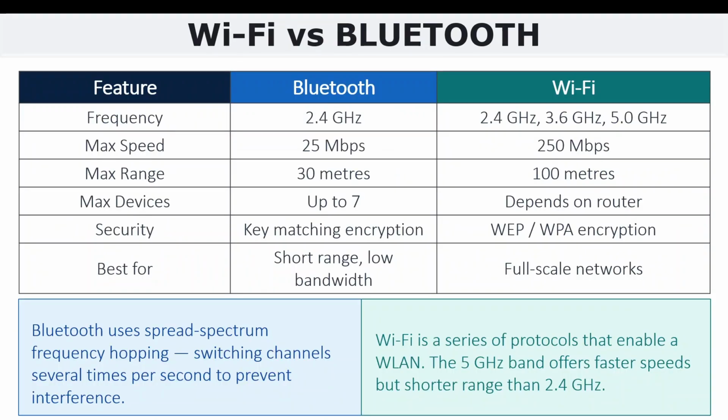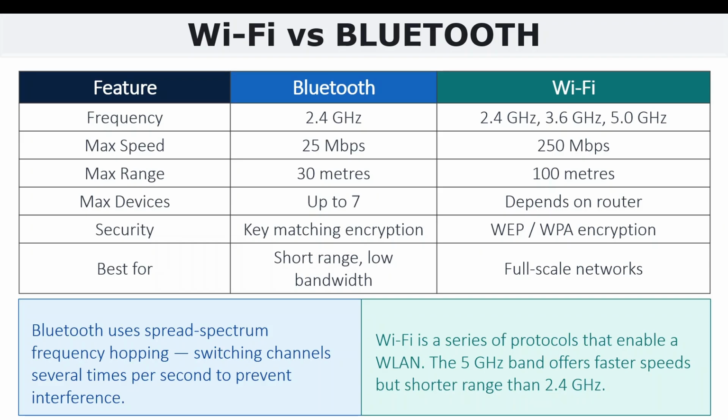Now we'll look at Wi-Fi and Bluetooth. When we look at Wi-Fi and Bluetooth, they have some features in common. In terms of frequency, Bluetooth does 2.4 gigahertz, while Wi-Fi goes within a frequency of 2.4 to 5 gigahertz.